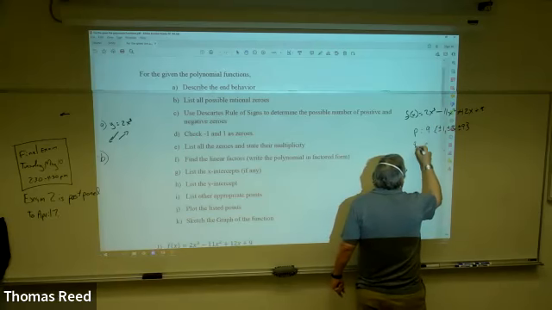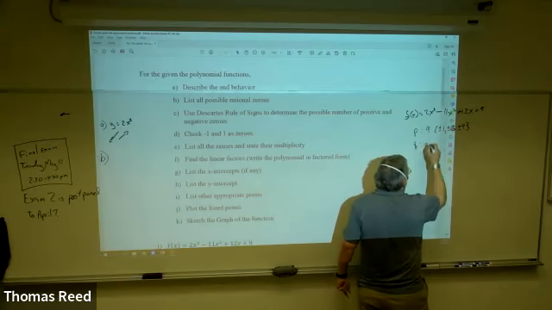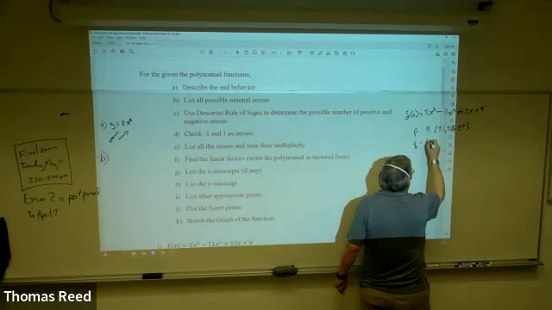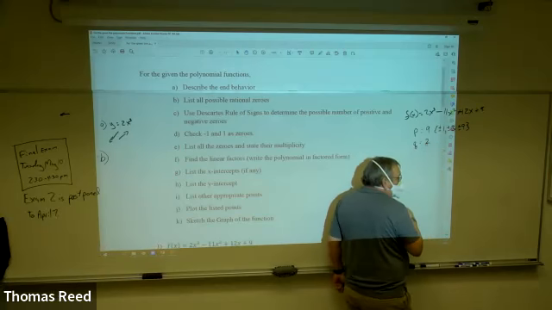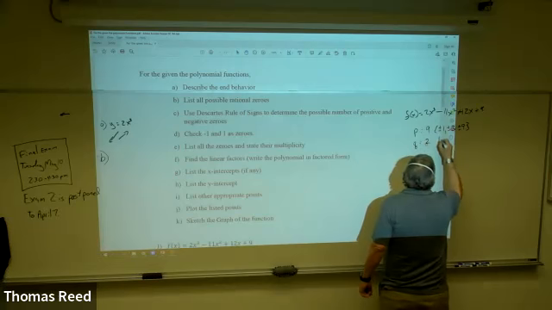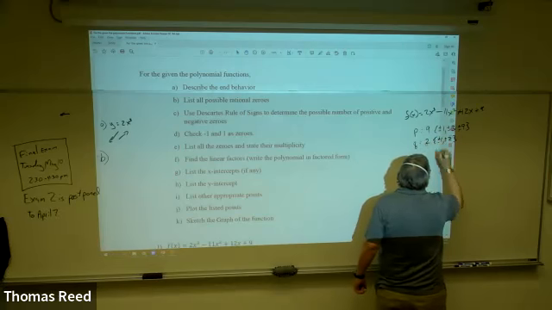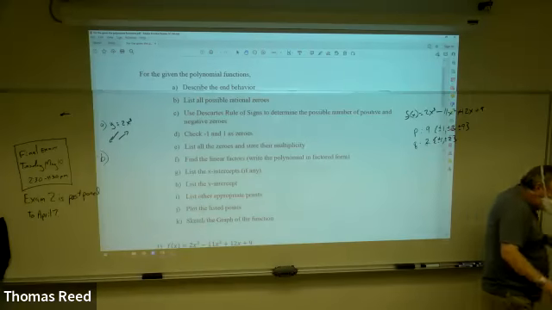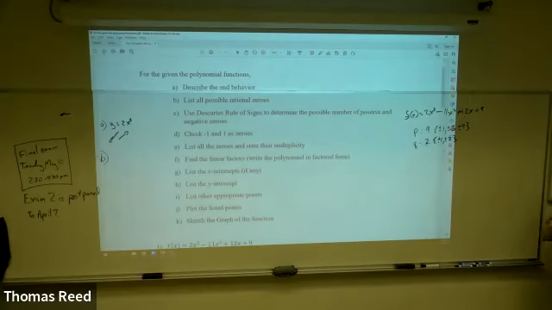And my q-values, which are the factors of the leading coefficient, which is plus or minus 1, plus or minus 2. We put the plus or minus because negative times negative is positive. So -1 times -2 is a positive 2. So we need to include those.